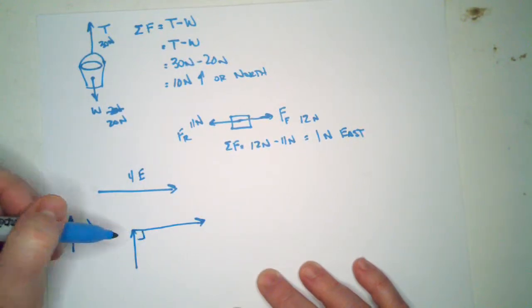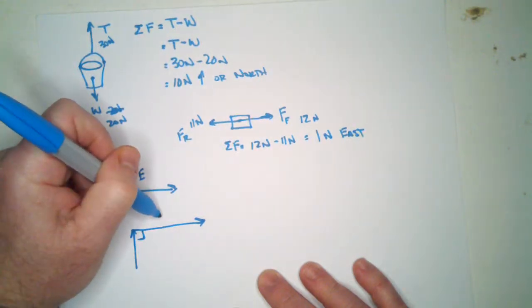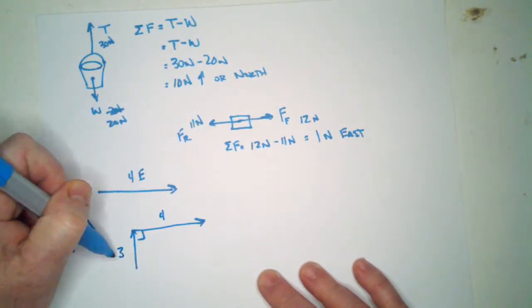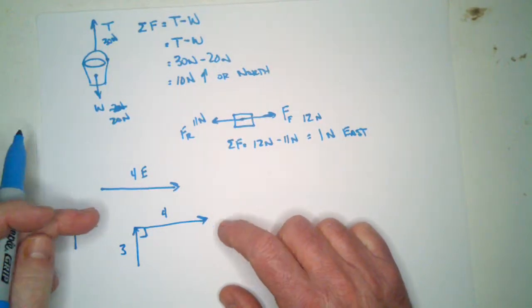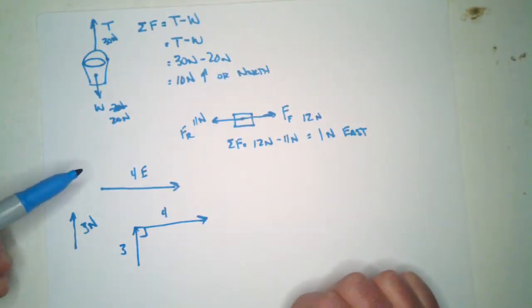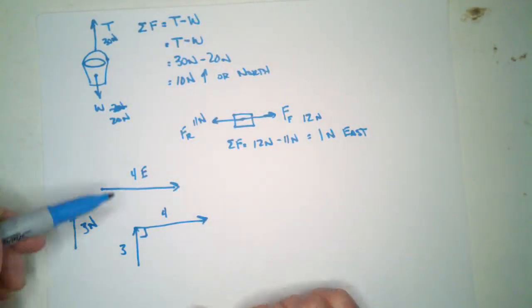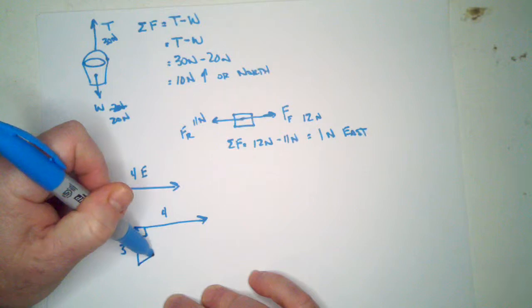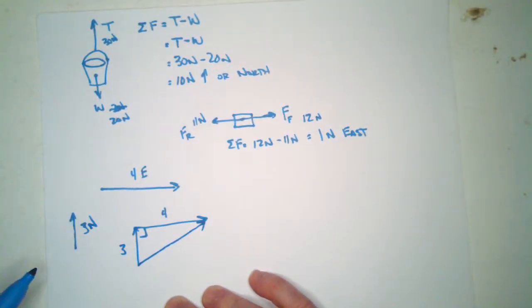And so I know they're at a right angle to one another. So if this is 4 and this is 3, we've got something that's got the making of a triangle. So the first rule is take the tail of the first vector, put it on the head of the second, and then we draw a line from the tail of the first vector to the head of the second vector.